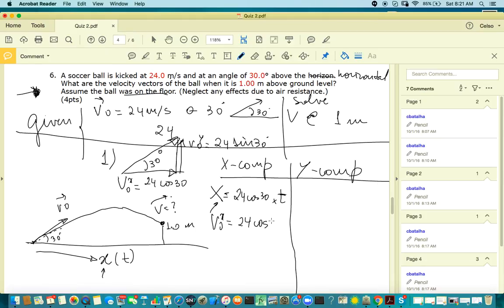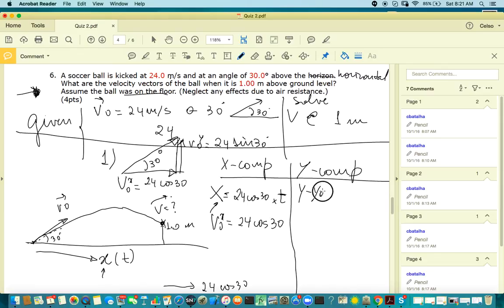So one of the components of my velocity vector that I need at this point location, I already know: v naught x, which is given by 25 cosine of 30. So what I need to find now is the other component of my velocity vector. How do I figure that? Well, I go to my y-axis, and in my y-axis I have three basic equations.